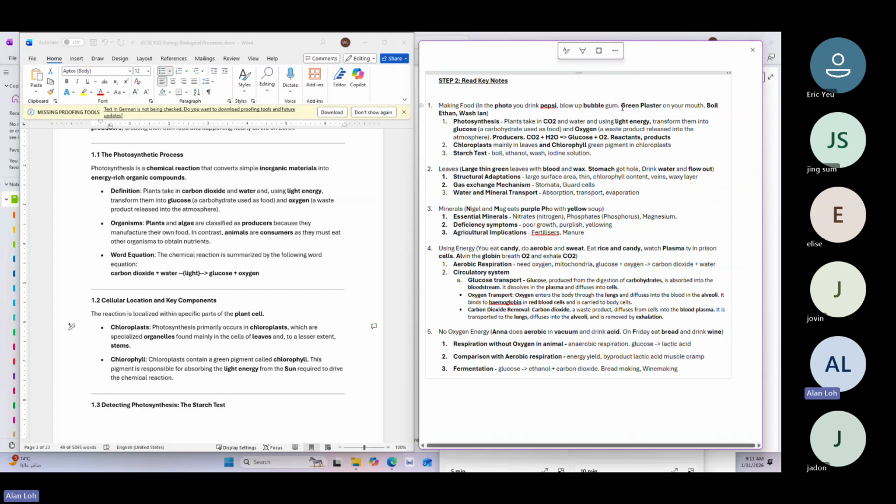If you go to the next story, a green plaster on your mouth. This is related to point number 2, chloroplast and chlorophyll, right? Again, the objective is not to explain what chloroplast or chlorophyll is, but it's helping you to anchor on information that can help you further remember and refresh on what is inside drawer number 1.